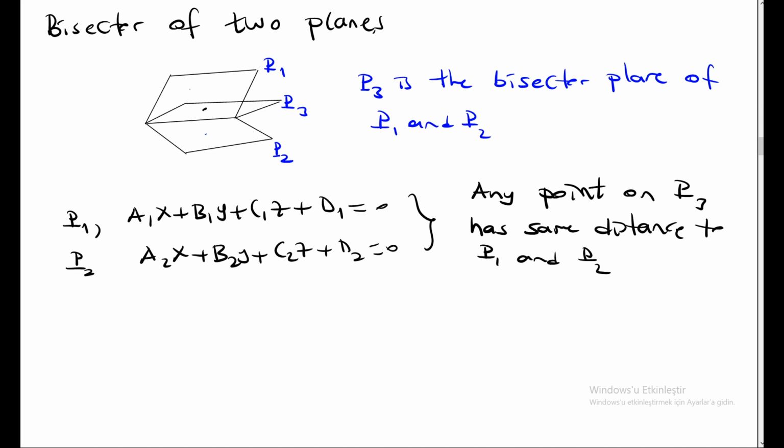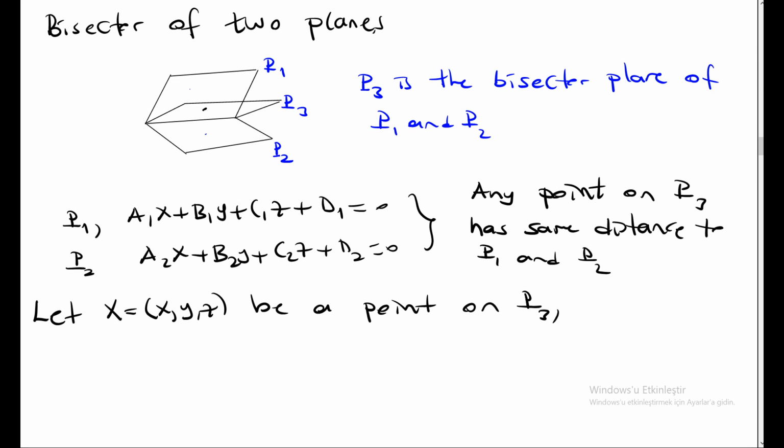So let this point, x, y, and z, be a point on P3, the bisector. So then you have the distance.